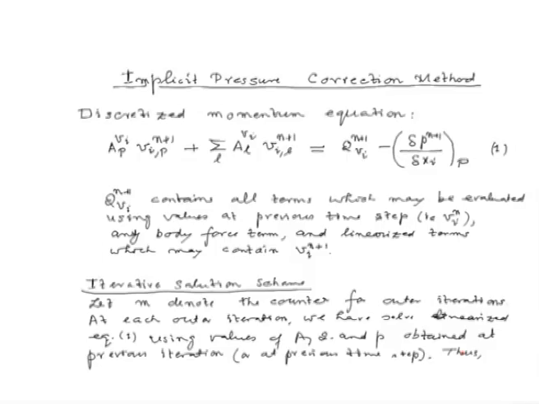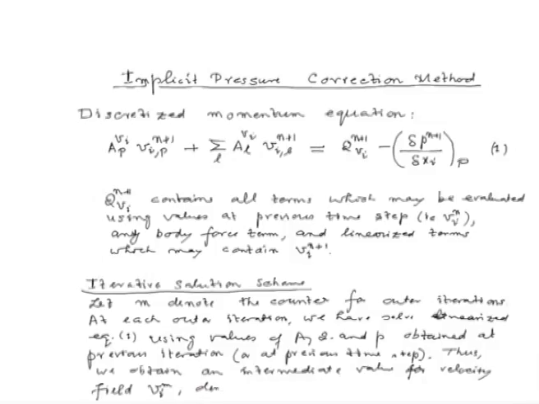We would rather obtain a velocity field estimate which does not satisfy continuity, and we would enforce the continuity later on. Thus we obtain an intermediate value for the velocity field, V_i^m.